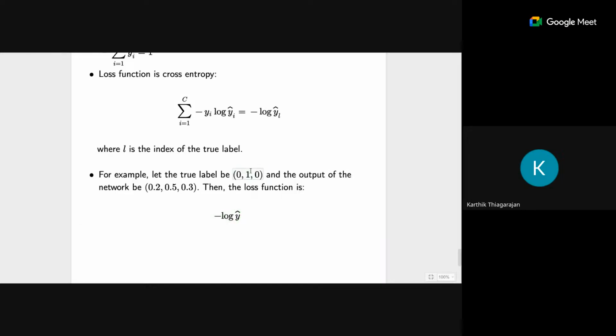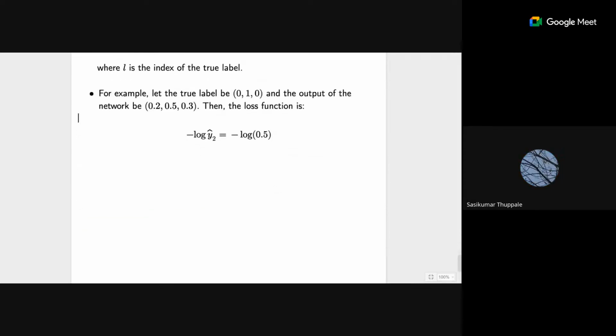In this case, the true label is 2, so this will be y hat 2. So this will evaluate to minus log to the base e of 0.5. That will be the loss function's value here.